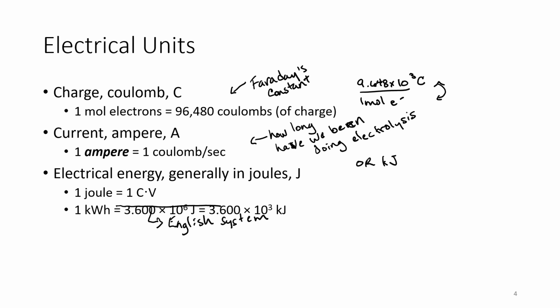So only awesome countries like the United States and powerhouses like Burma still use the English system, like kilowatt hours. So we probably won't stumble across that one, but a kilowatt hour is 3.6 times 10 to the 6 joules, or 3.6 times 10 to the 3rd kilojoules. Right, but the units for a joule are coulombs times voltage. All right, and so that will be helpful for us a little bit later.